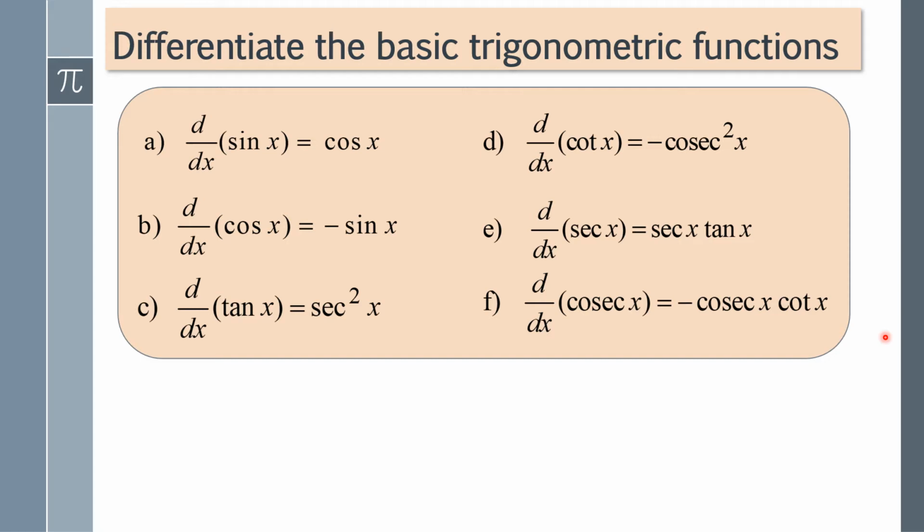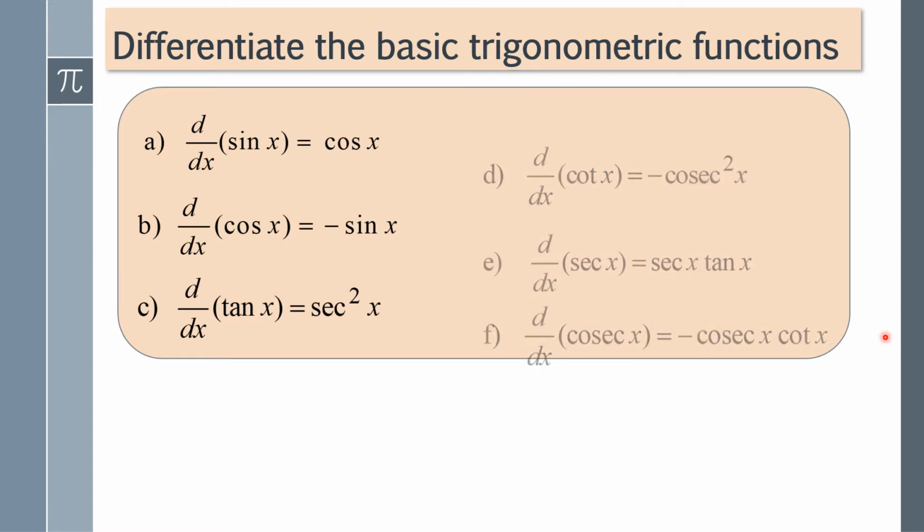And then E, d/dx secant x equals secant x tangent x. Then the last one is d/dx cosec x equals negative cosec x cot x. However, for this semester, we only learn about A, B, and C only.